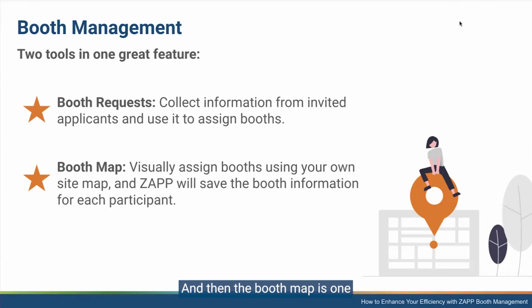And then the booth map is one that we've had around for a couple of years now and allows you to visually assign booths using your own sitemap, and ZAPP will save that booth information as you're assigning those pins for each participant. It'll also allow you to publicly display your booth map to participants or patrons even. So those are the two tools that make up the booth management add-on.